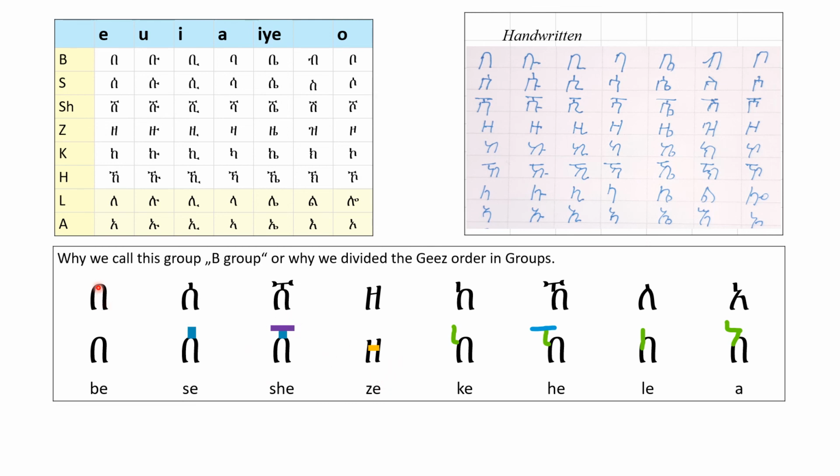If we cancel the upper part of be and put a horizontal line, it will be ze. To change be to ke, he, le, and a, we put those signs.